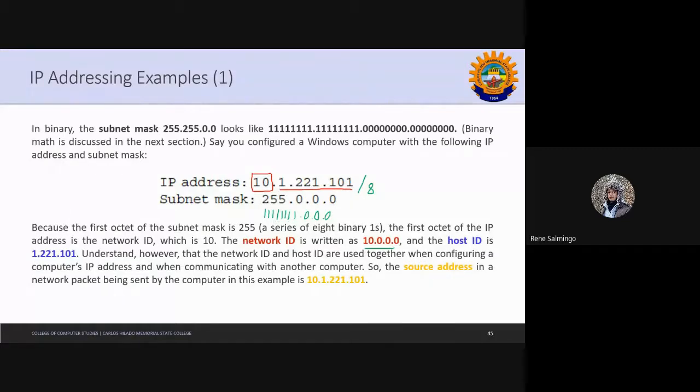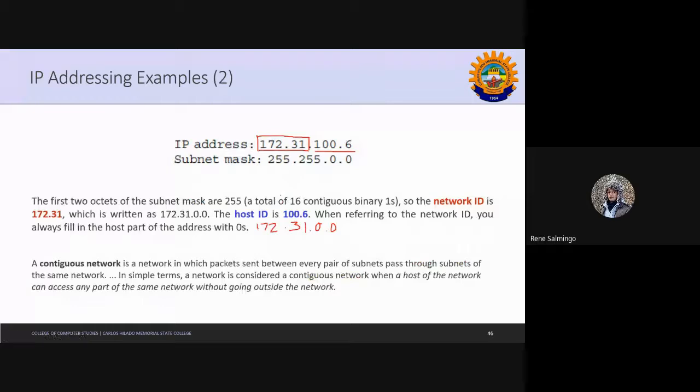Now we go to class B. For class B, we have two octets. So what is the CIDR? If we have the first octet and the second octet, that is 16.